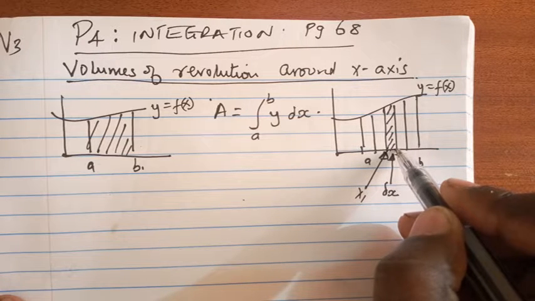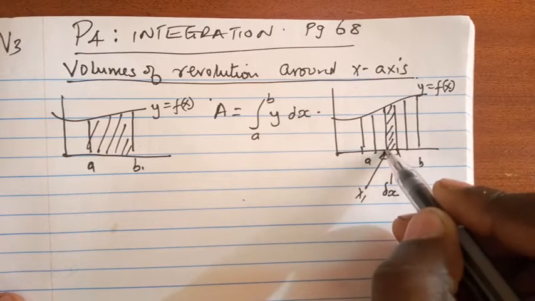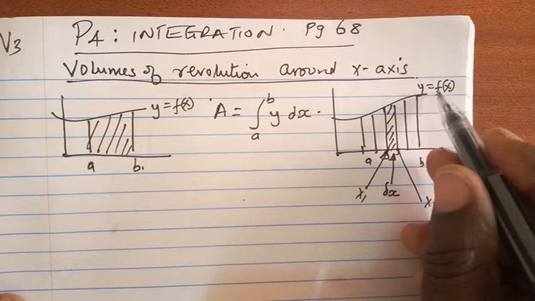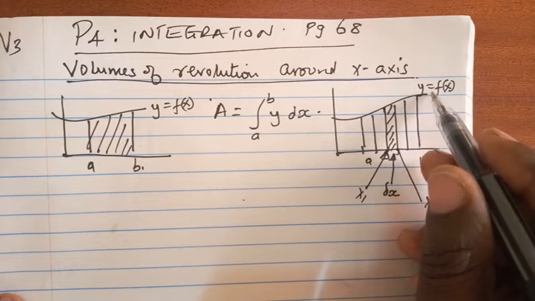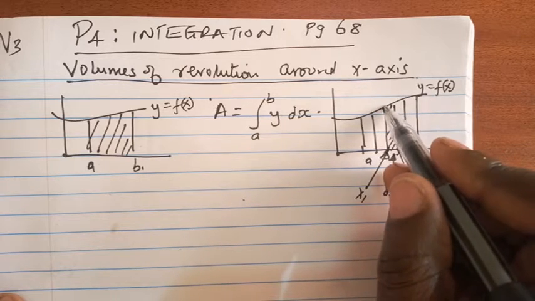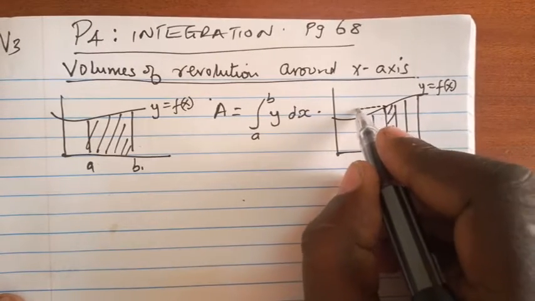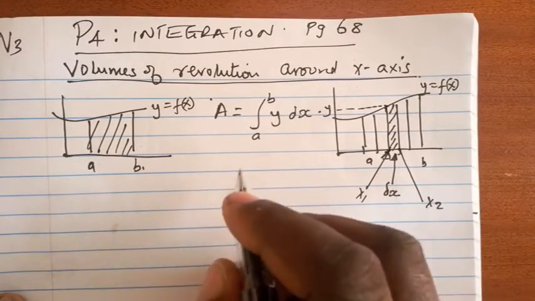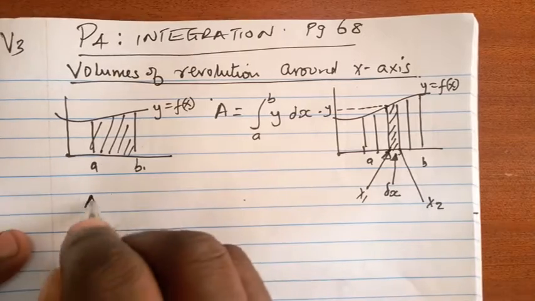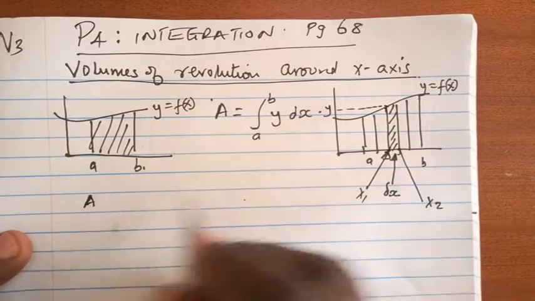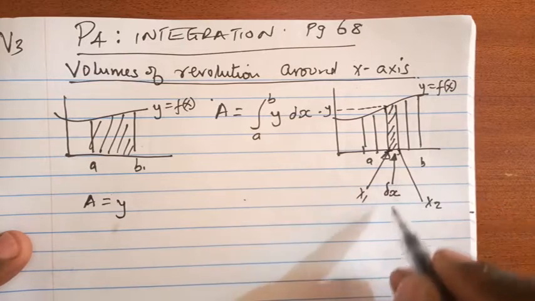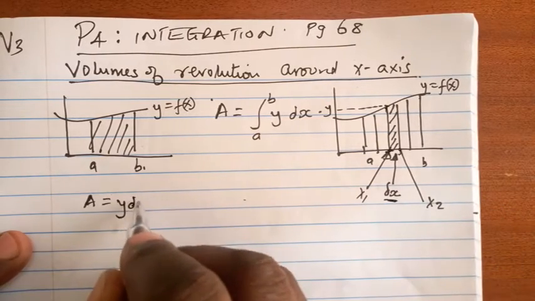The length is the height, which is explained by this equation. At this particular point, there is this value of y, so the height is y, and the area of this one stripe is given by y times the width, which is a small change in x, dx.